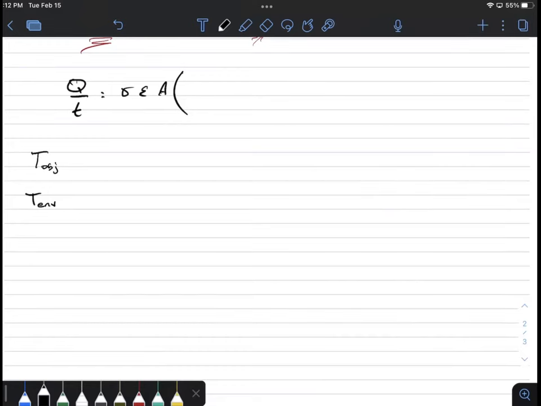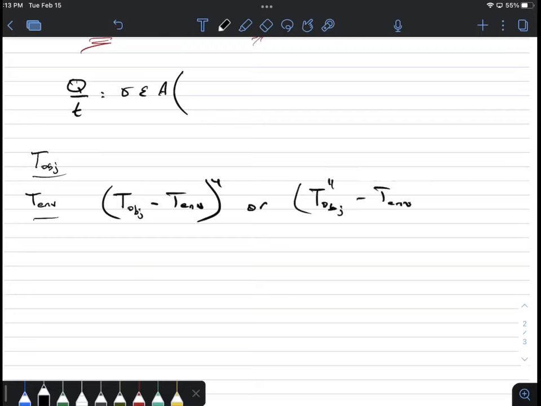So the question is, if both of these temperatures are going to matter, should I do temperature of the object minus temperature of the environment to the fourth power? Or instead, should it be temperature of the object to the fourth power minus temperature of the environment to the fourth power? Both of these take into account the energy of the object and its environment.